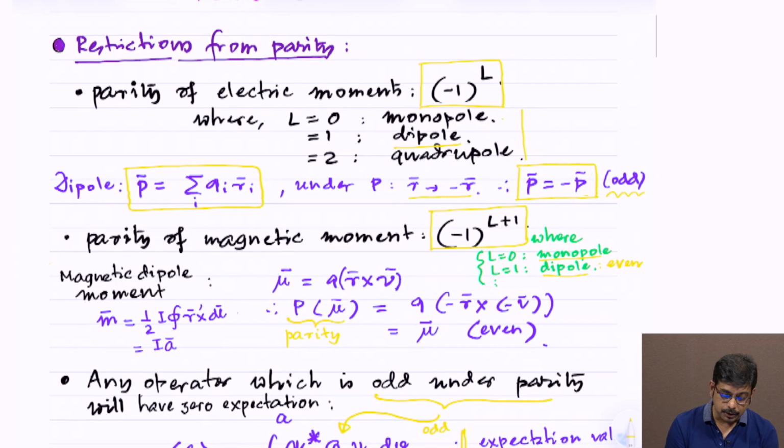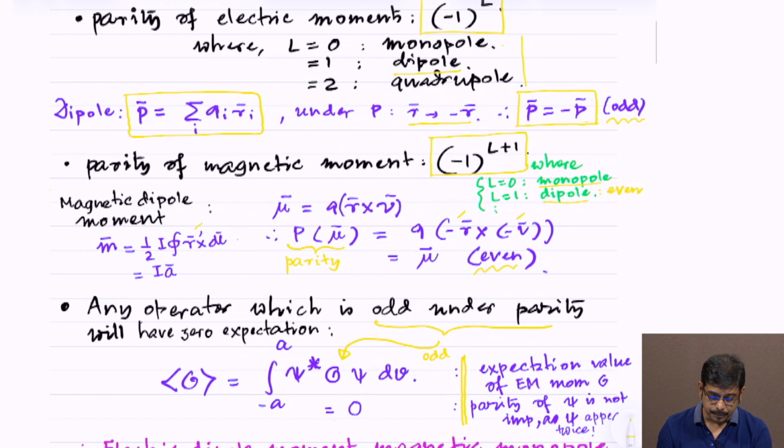Because remind yourself of the magnetic dipole moment, which you can define as half I integral of r cross dl, or I into a, or you can also define it like q into r cross v. So, when you take the parity, because both r goes to minus r and v goes to minus v, the magnetic dipole moment mu remains even, and that justifies the transformation that we have defined by minus 1 to the power L plus 1.